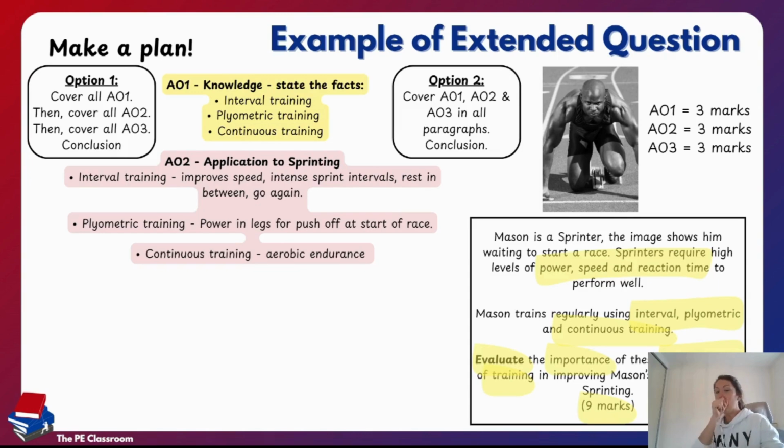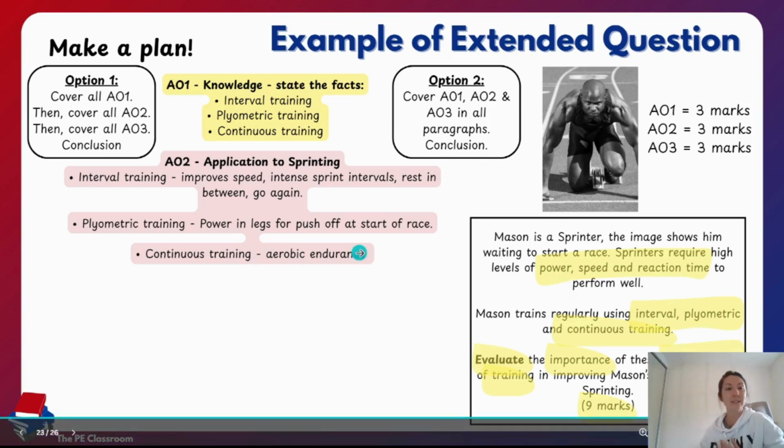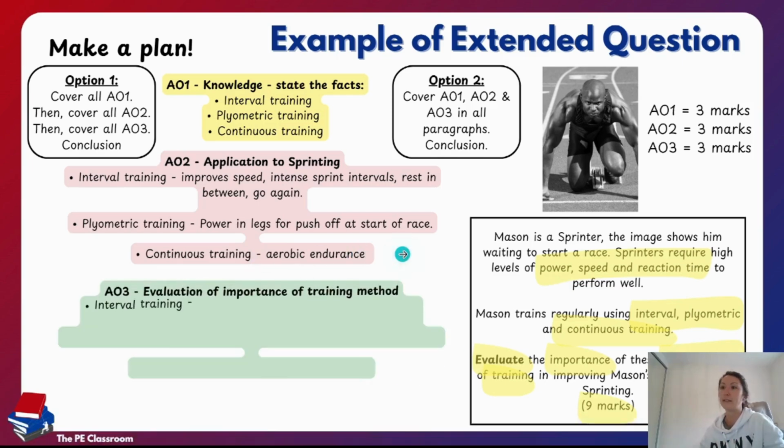As we know, a sprinter does not need aerobic endurance. Continuous training doesn't relate to reaction time, because using the information it gave us, we know it doesn't, but it's simply to demonstrate the knowledge of what continuous training is.